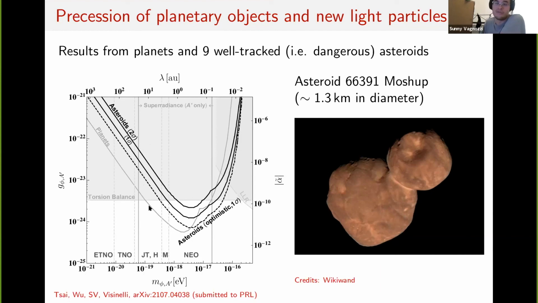We are very close to the fuzzy dark matter regime. So this is something to look forward to in the future, especially because we've only taken 9 asteroids, but there are actually about 1 million of them. So if we can actually track them very well, we can improve these constraints by even 2 or 3 orders of magnitude, potentially, if we can keep systematics under control.